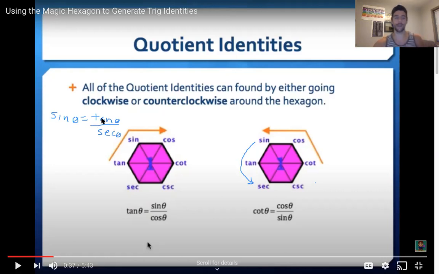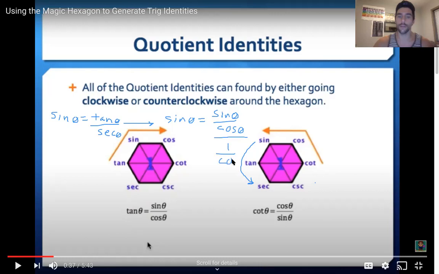Well, if we substitute the definitions, I could rewrite this equation as sine of theta equals, we just saw tangent can be defined as sine of theta over cosine of theta. And then secant theta, which we'll see in just a second, can be defined as 1 over cosine.